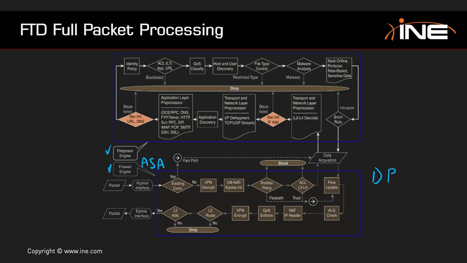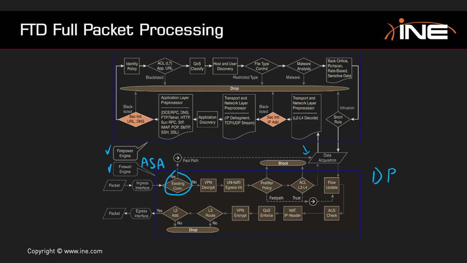So as the packet enters the device, we will, like on the normal ASA, try to match it to an existing session. If we have a match, we will skip all further Lina level processing and we will send the packet over here to the Firepower engine. Data acquisition, this is just an interface between the two individual engines.